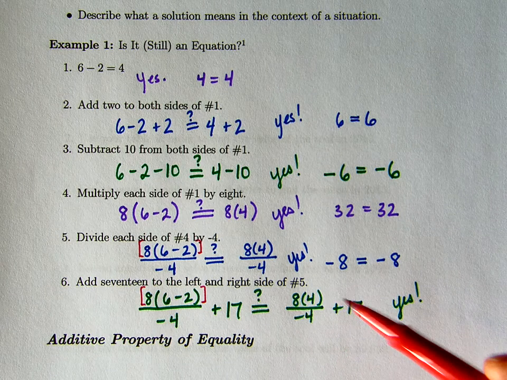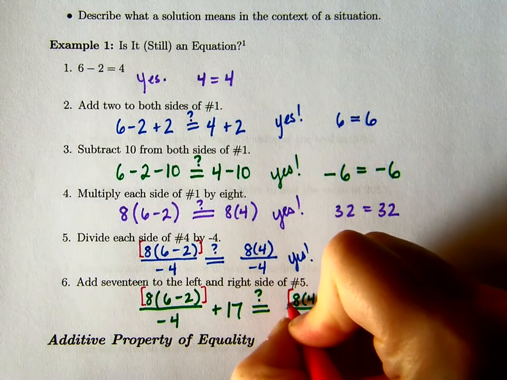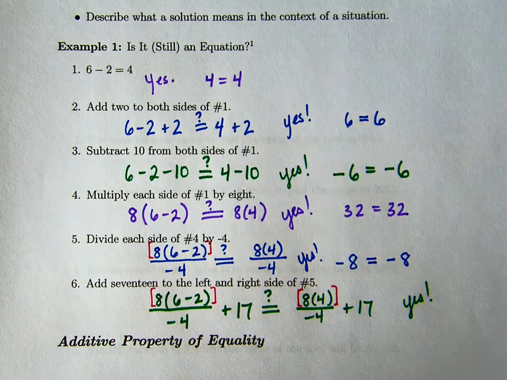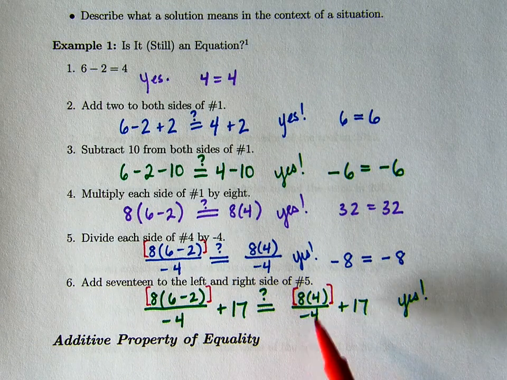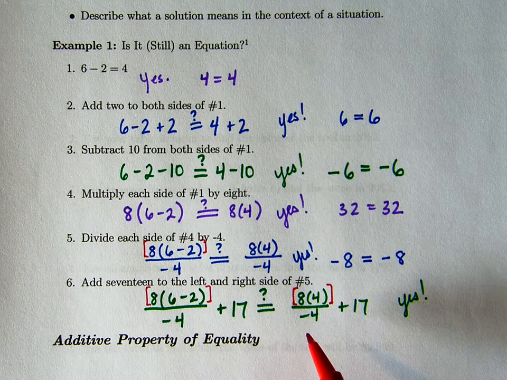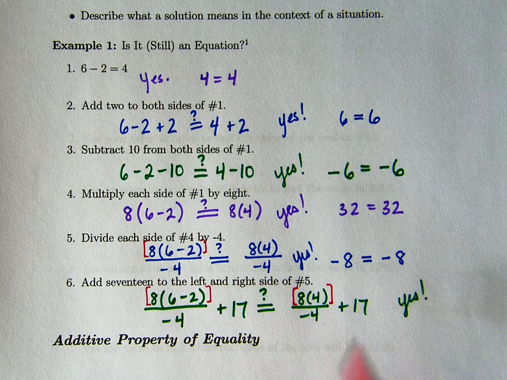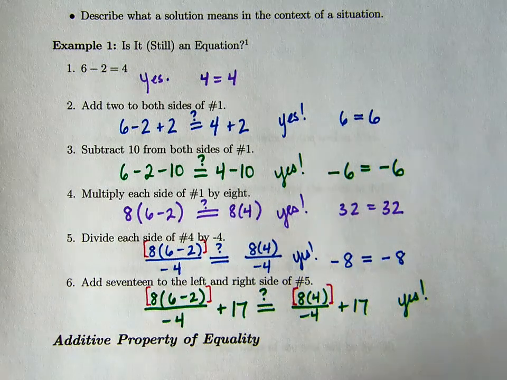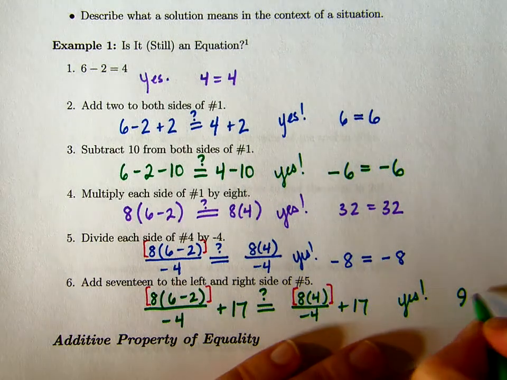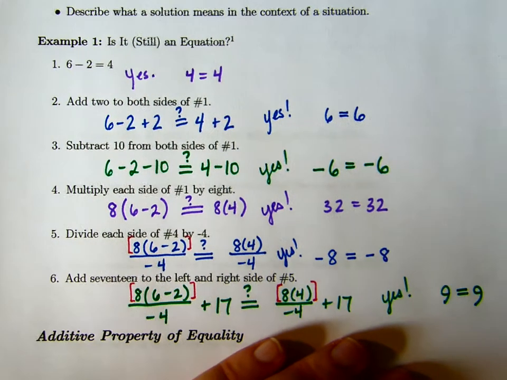And over here, with implied parentheses around this numerator, we would do 8 times 4 is 32, 32 divided by negative 4 is negative 8, and negative 8 plus 17 is 9. So the answer again is yes, and this would be 9 equals 9.